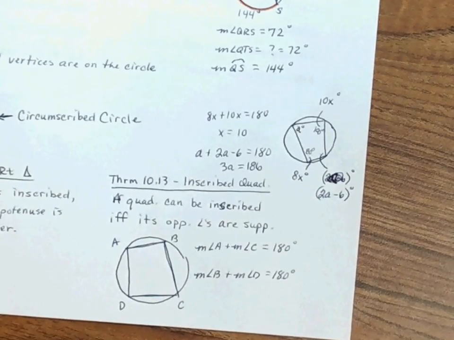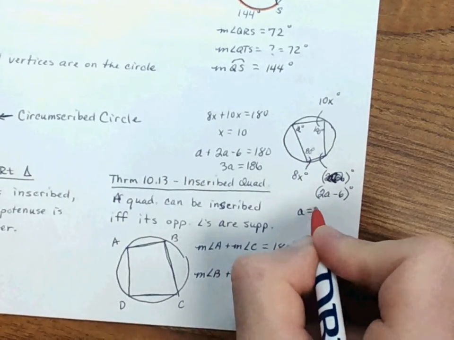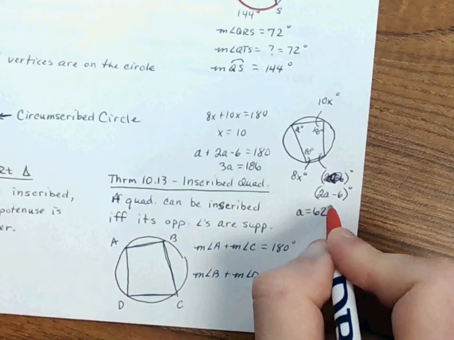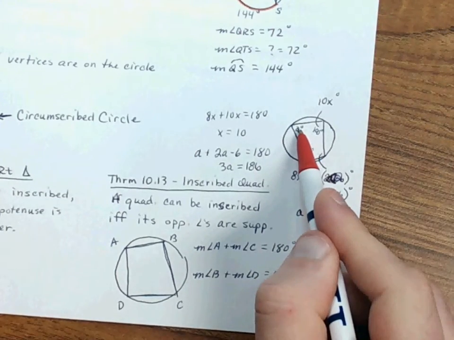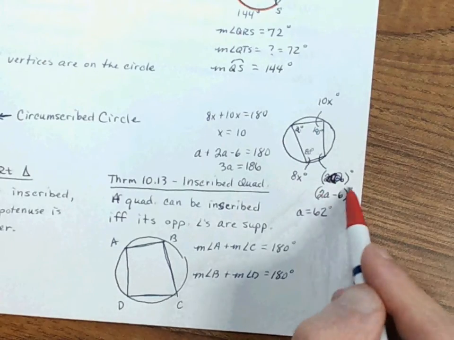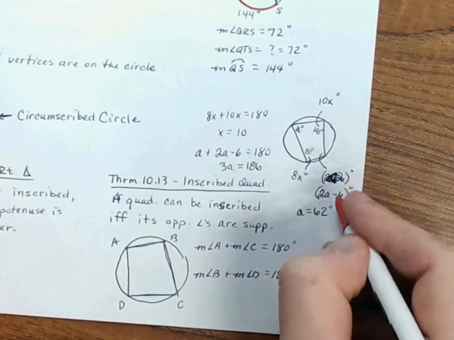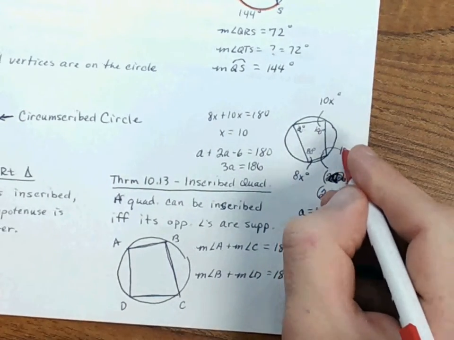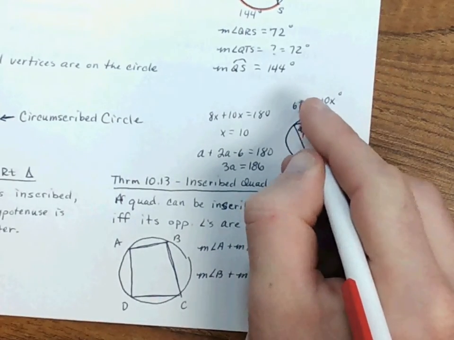So then I take 186 divided by 3, and that gives me a equals 62. Okay? So if this angle is 62 degrees, this angle, we can just subtract 62 from 180, and 180 minus 62 would give us 118. So that angle is going to be 118 degrees. That angle is going to be 62 degrees.